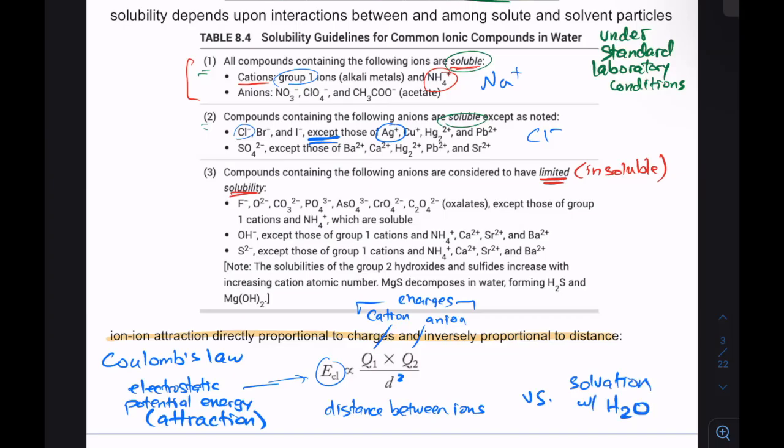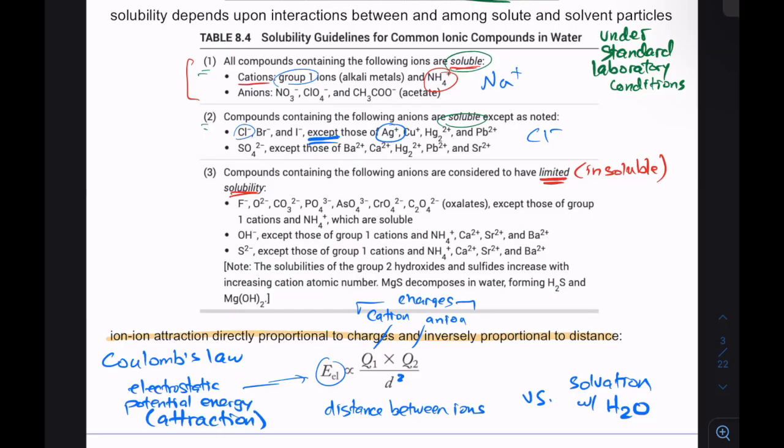The stronger the charges are, all right. So when you have a 2 plus or a 2 minus or a 3 minus or a 3 plus cation and anion, that's going to give you stronger charges between the ions. That's going to increase the value of the numerator. So that's going to increase the electrostatic potential energy, give you a stronger ionic bond.